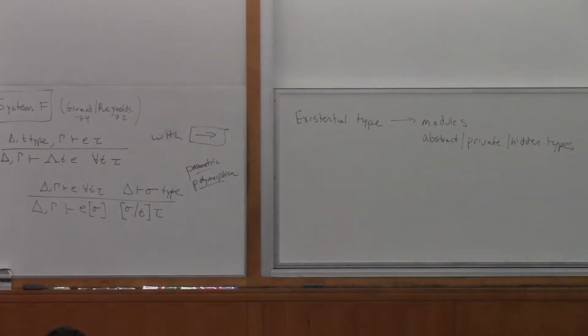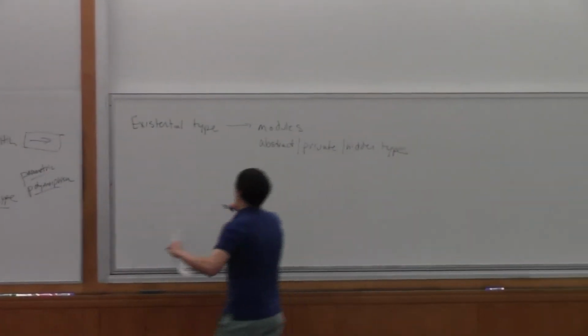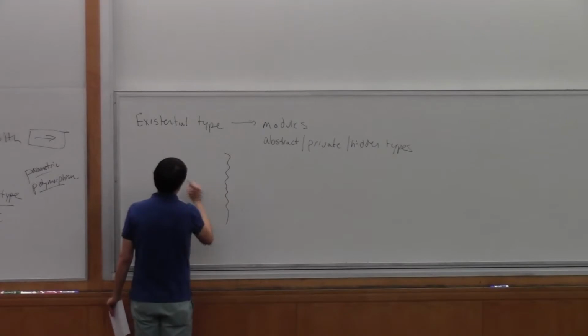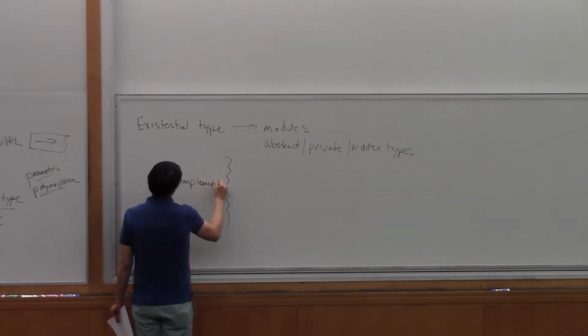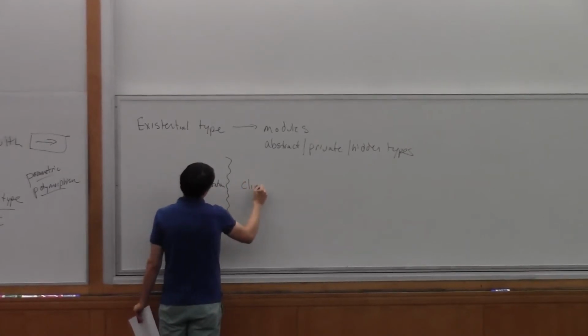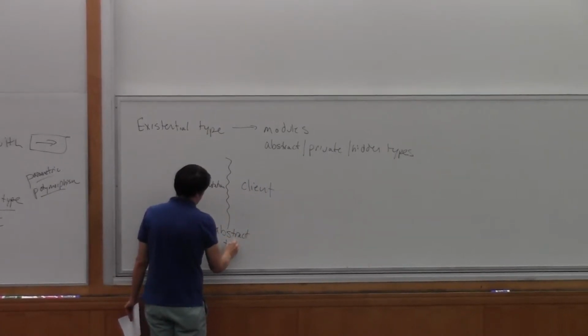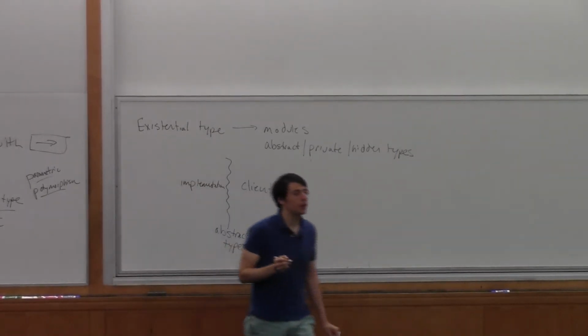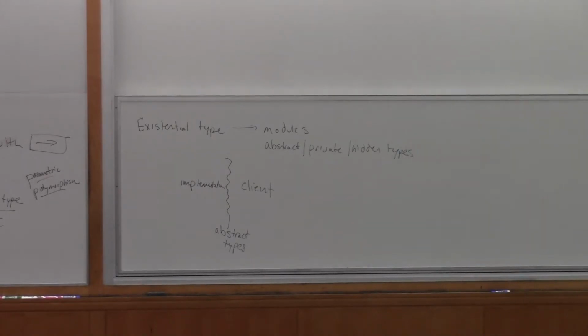So in some pieces of code, you want to sort of draw a boundary between the implementation of some module and the client. And a typical case will be you'll want some sort of abstract types mediating that boundary, the idea being inside the implementation, you know what these types are.